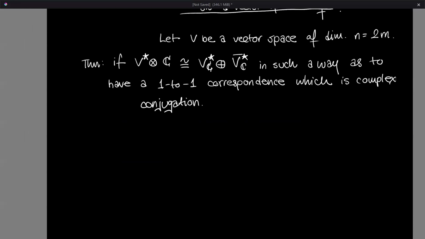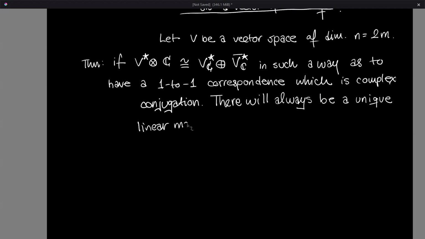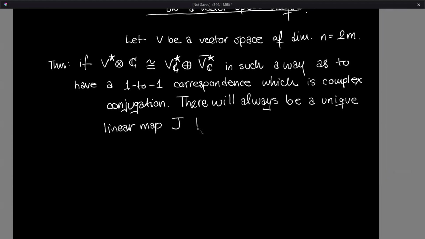So in this situation, there will always be a unique linear map, we'll call it J, that acts as a complex structure.